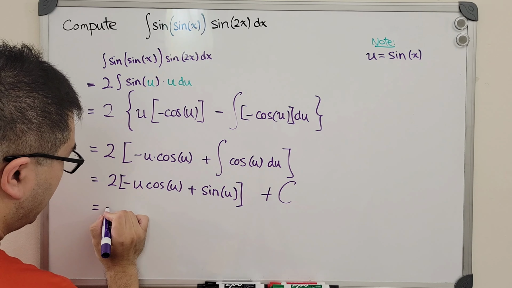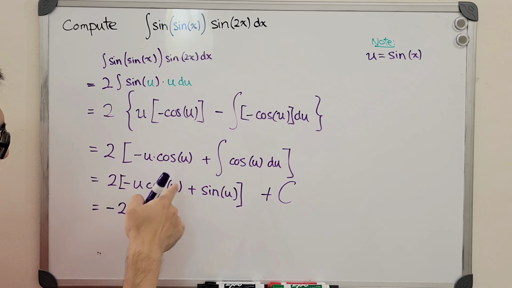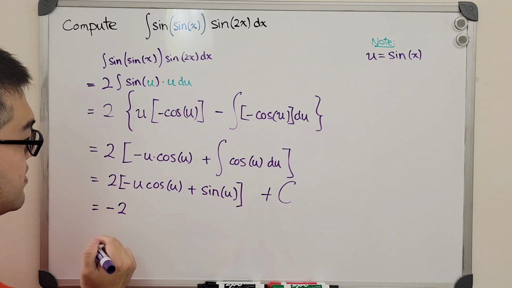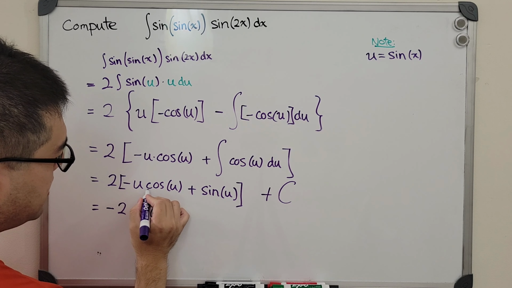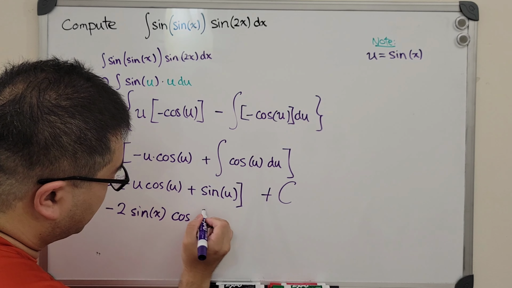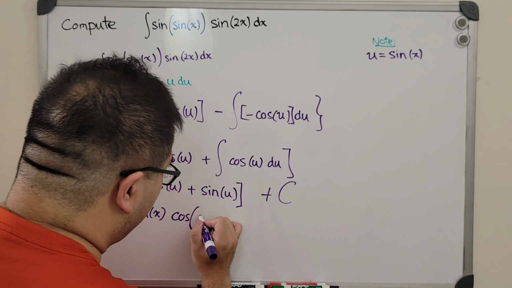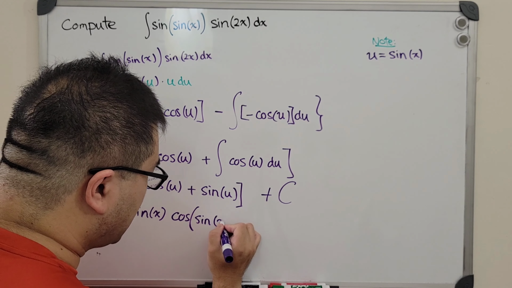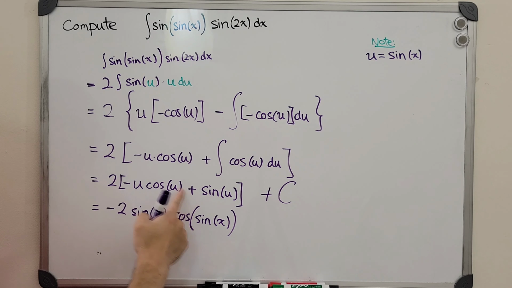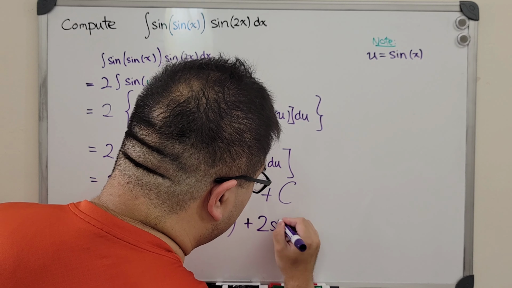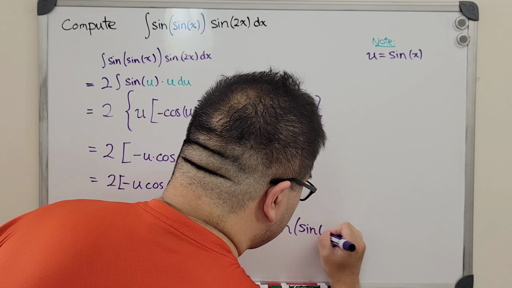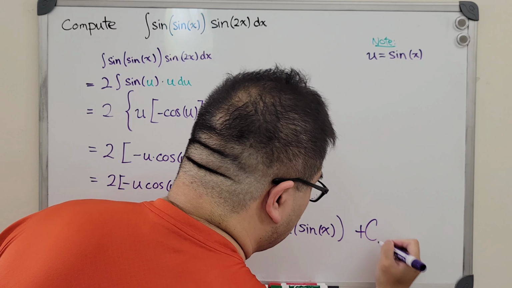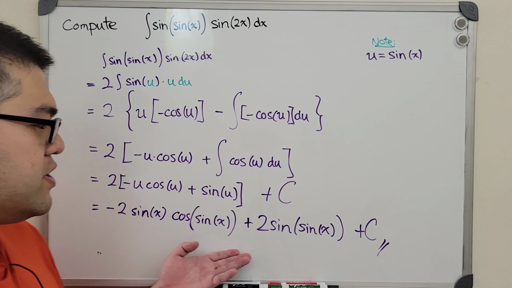So at the end, as we multiply the 2 in, we get negative 2 times u, which is sine of x, times cosine of u, where again u is sine of x, so we have cosine of sine of x, plus 2 times sine of u, which is 2 times sine of x, plus c. And that's the result.